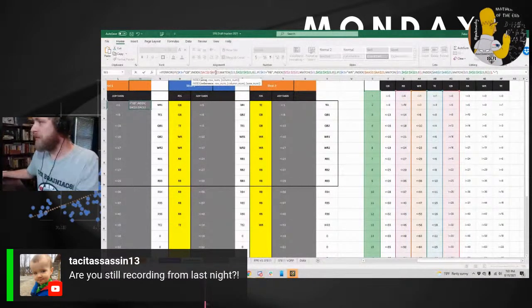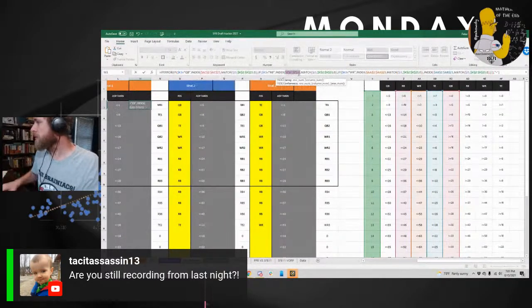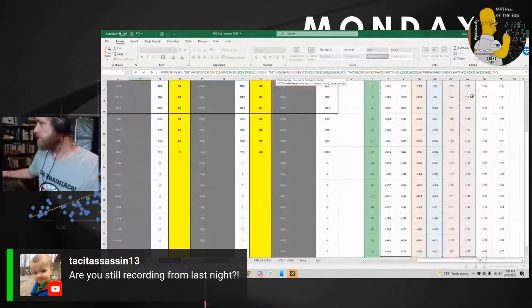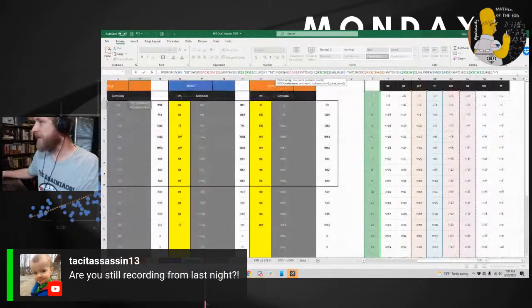So I'm having to look up the floor of positions as well, essentially here, which should give us a fair average expected kind of a thing.